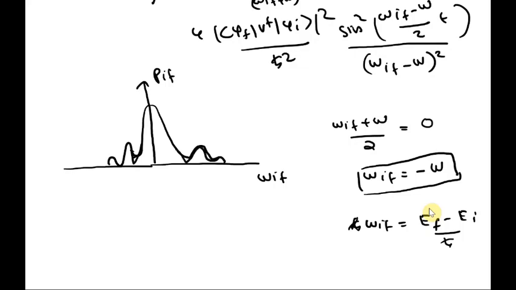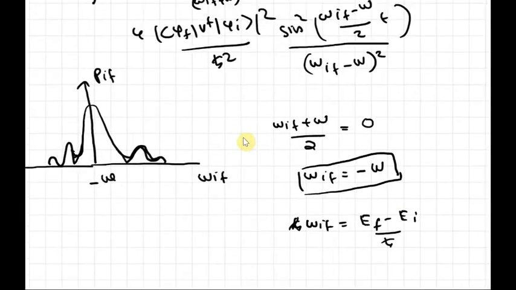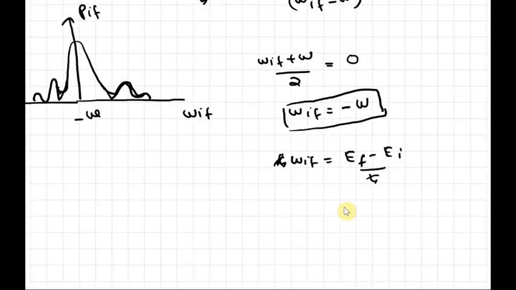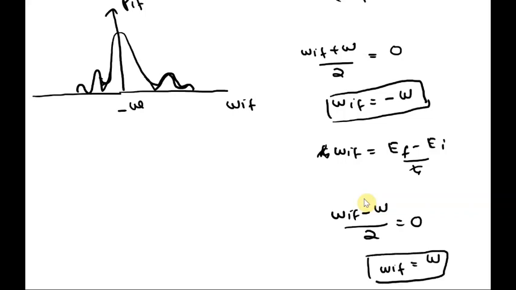In this case it is minus omega, but in the second case you have sine square omega if minus omega by 2, which has to be 0, and that will give you omega if equal to omega. So this is the resonant condition for the second term.